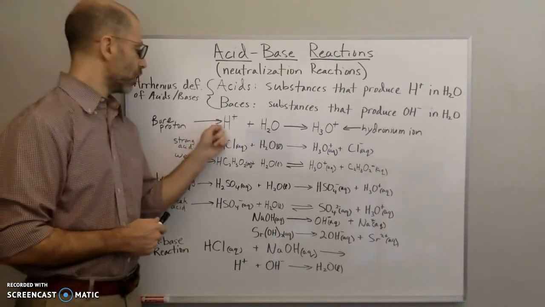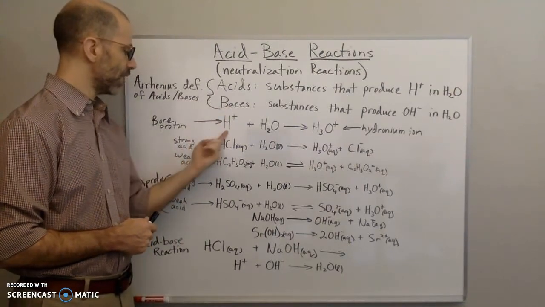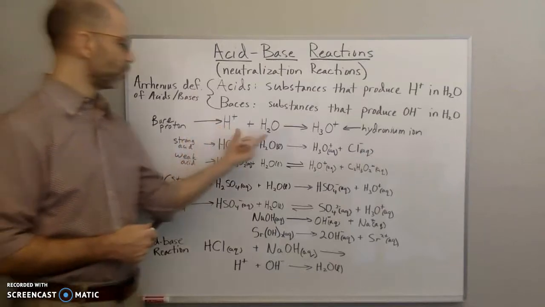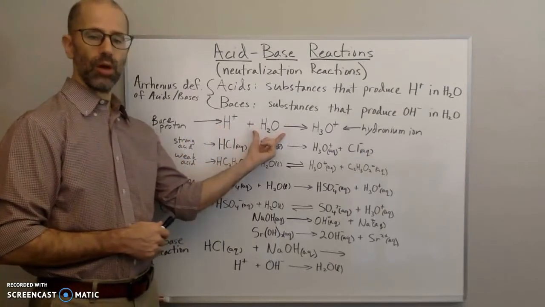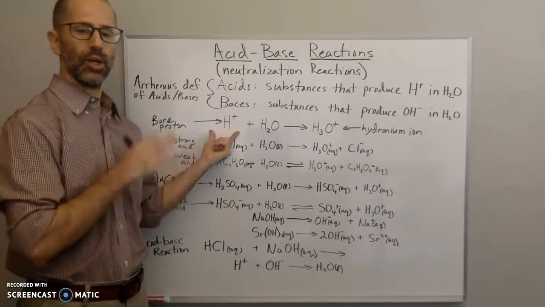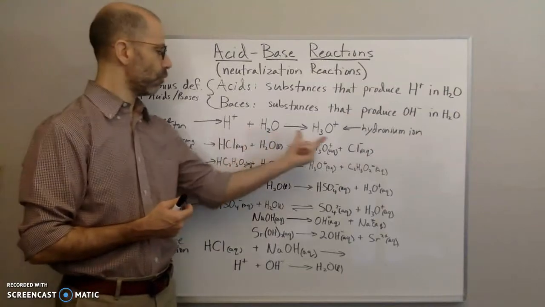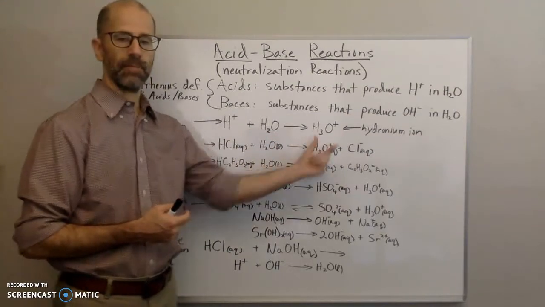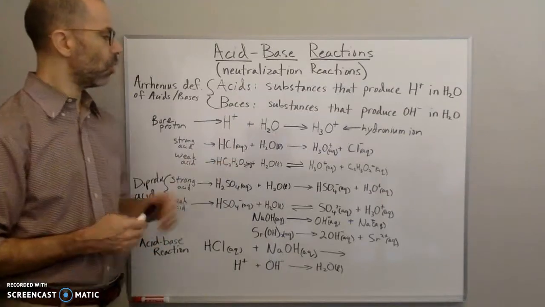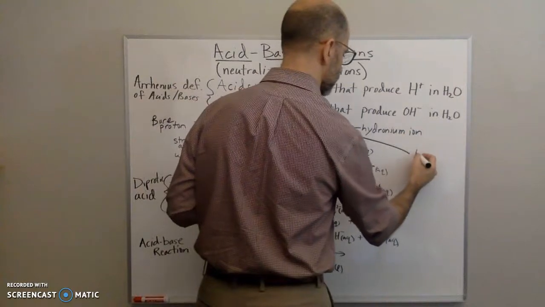So the acid is going to release a proton or an H plus ion, and that H plus is going to be picked up by the water. We don't have bare protons floating around in water. They're going to be picked up by water molecules, and that forms what is called the hydronium ion. A lot of times we'll write equations with the hydronium ion, or we'll write just H plus.